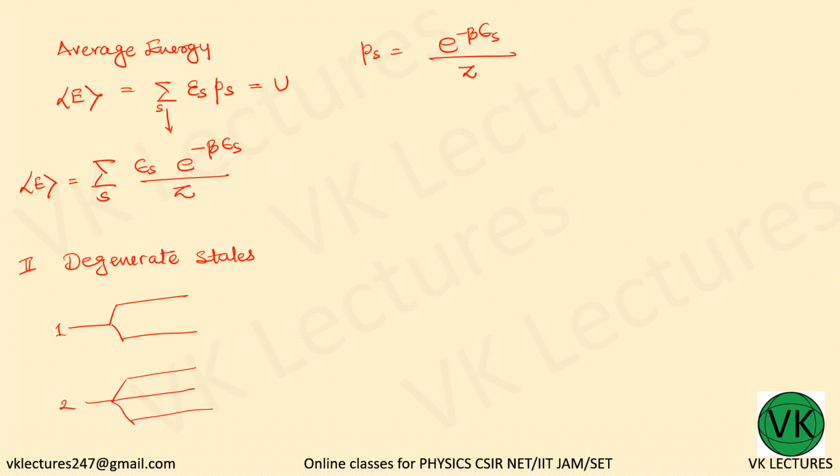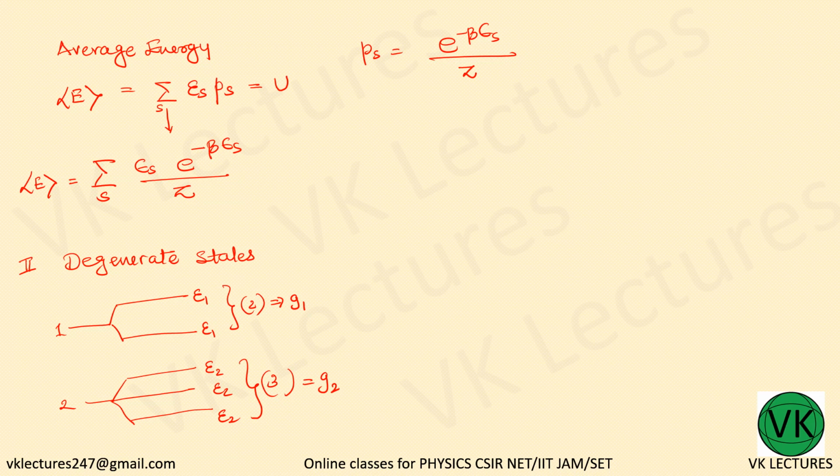This is E1, this is also E1, this is E2, E2 and E2. So here we have two energy levels with energy E1, and here we have three energy levels with energy E2. Let these be G1 and G2. The G represents the degeneracy.